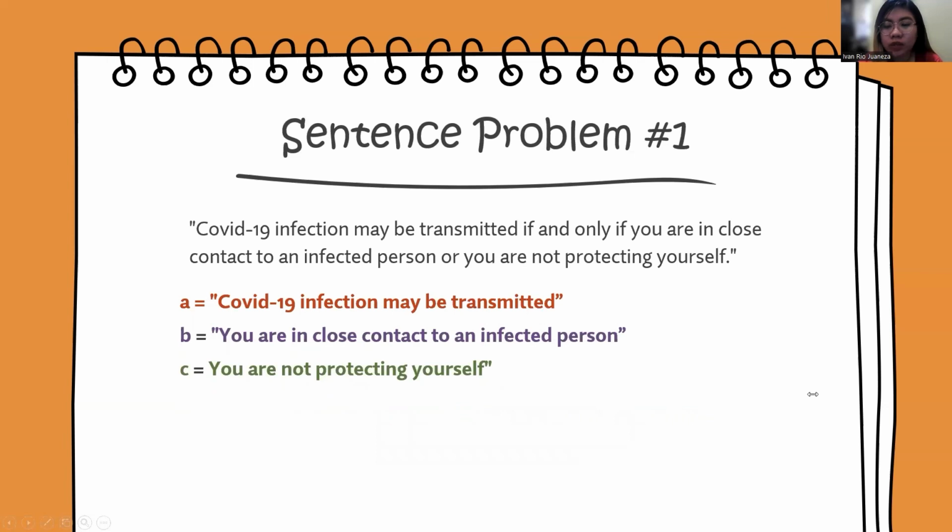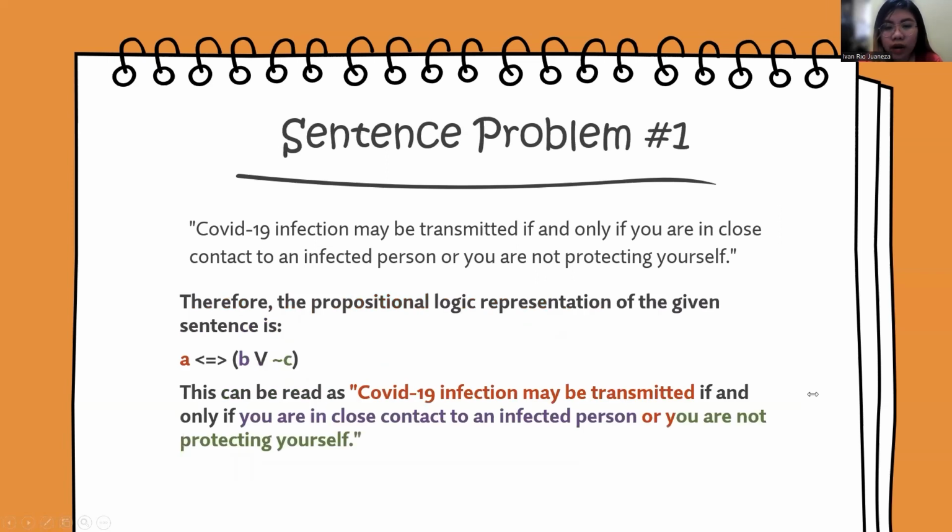The statement can be represented as the biconditional, if and only if, of A and the disjunction of B and the negation of C. So therefore, the propositional logic representation of the given sentence is this. This can be read as COVID-19 infection may be transmitted if and only if you are in close contact to an infected person or you are not protecting yourself.